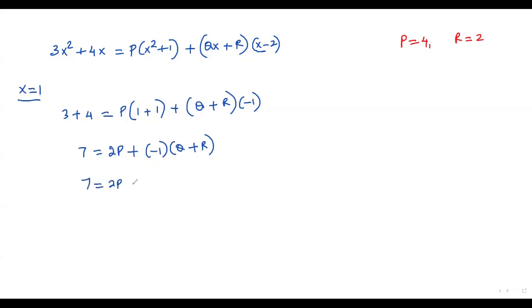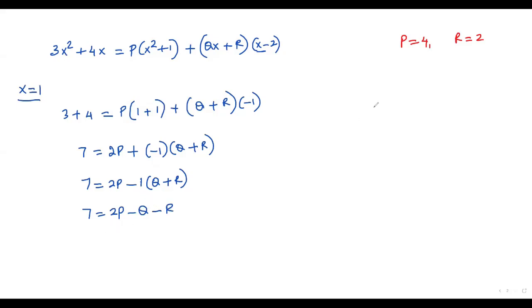Positive times negative will become negative, so we have 1 times q positive r. Now I can distribute this negative 1 to this q and negative 1 to this r. Negative 1 times q is negative q. Negative 1 times r is negative r.